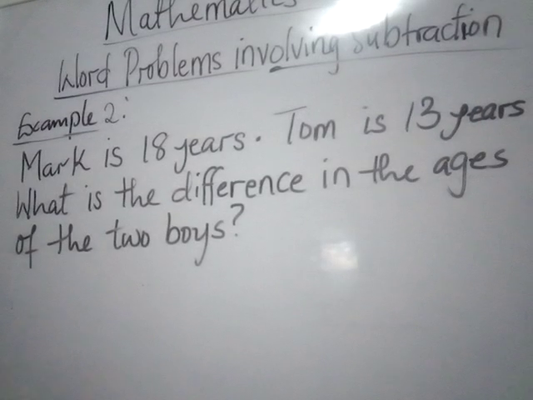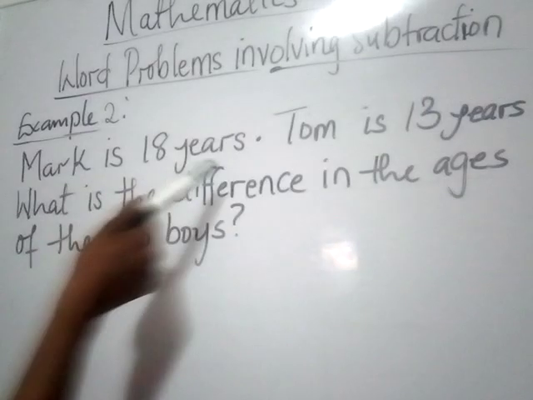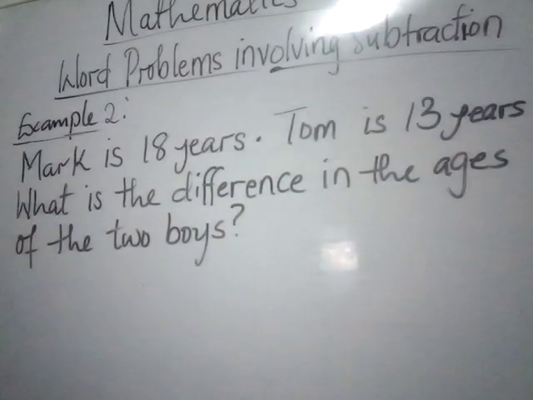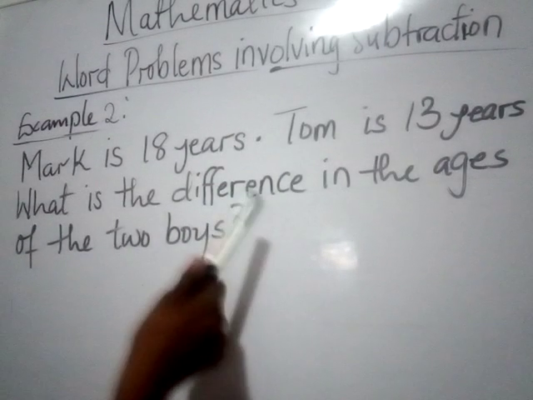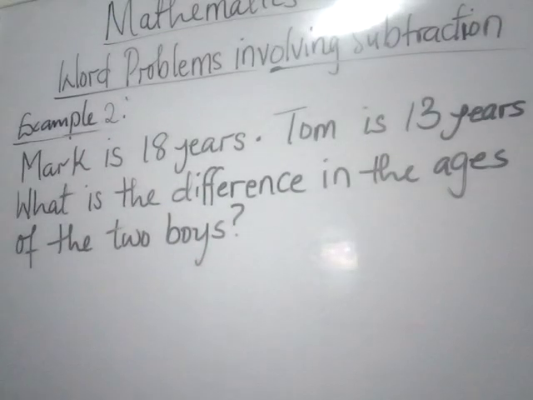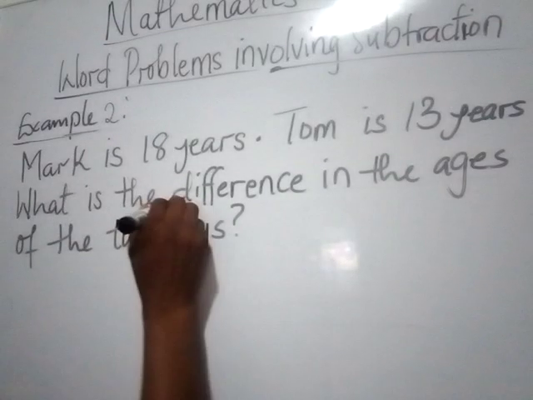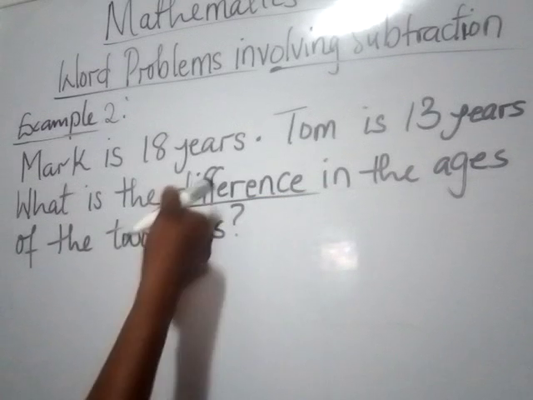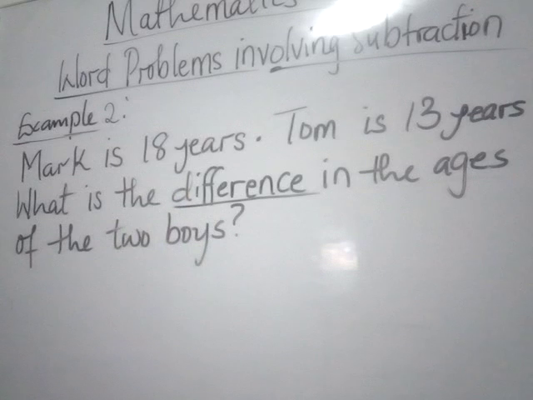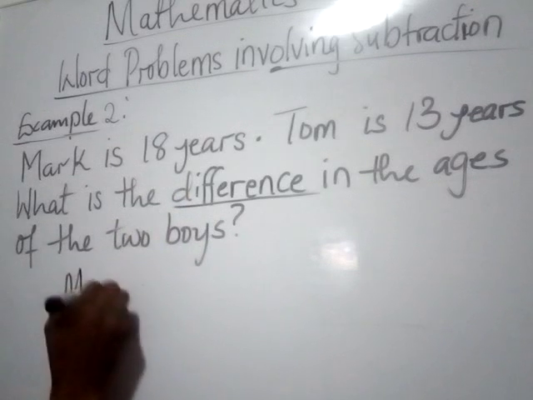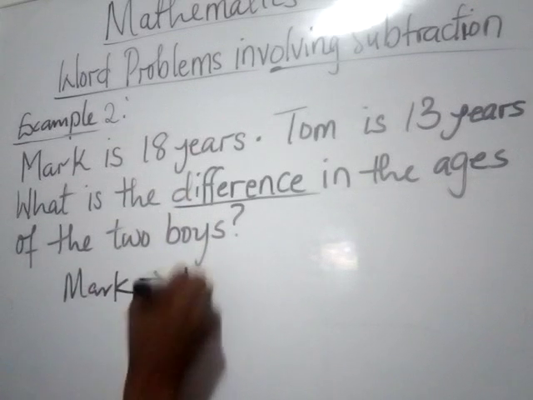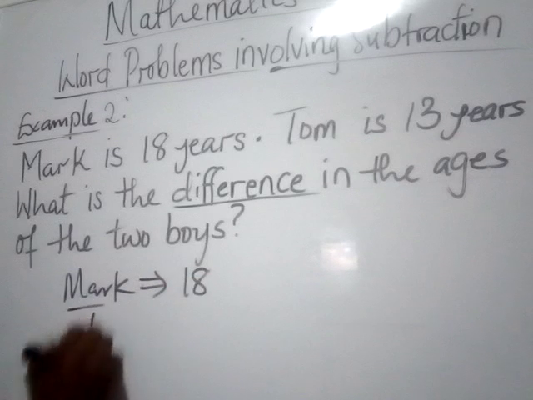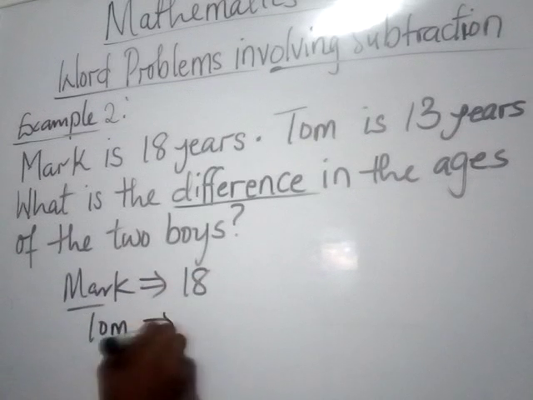So another example here is, it says Mark is 18 years, Tom is 13 years. What is the difference in the ages of the two boys? Take note of the word difference. Mark is 18, Tom is 13. What is the difference in the ages? That indicates subtraction. So we know that Mark is 18 and Tom is 13.